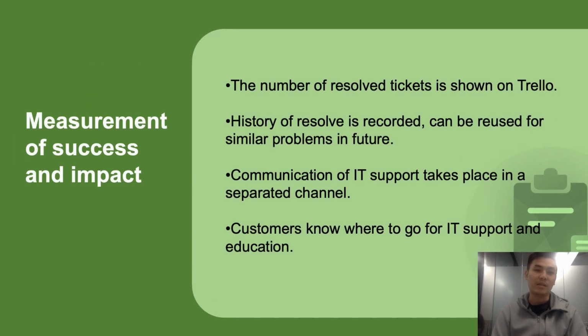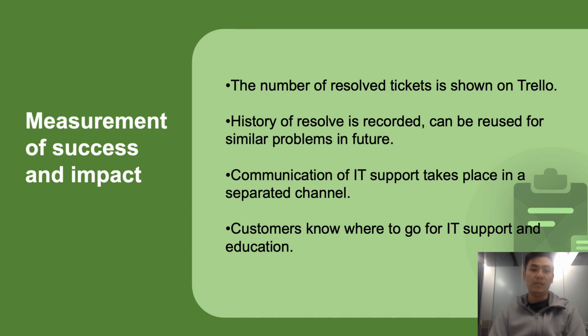James here, I'll share with you the measurement of success and impact of the agile environment we set up. First, we need to get people to use Trello, the tool that we decided to use. There will be a record of all the tickets that have been resolved on Trello. We need this because we want to make sure that everyone uses this tool to ask for support.